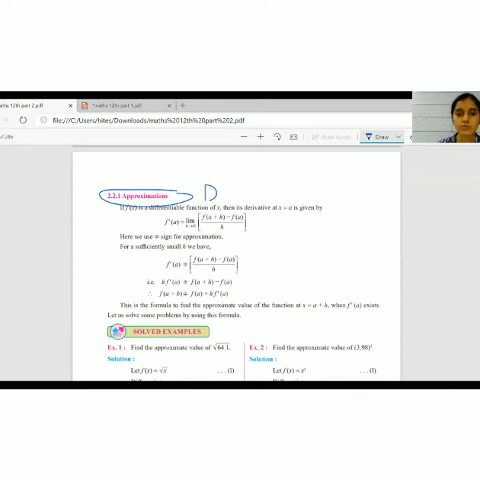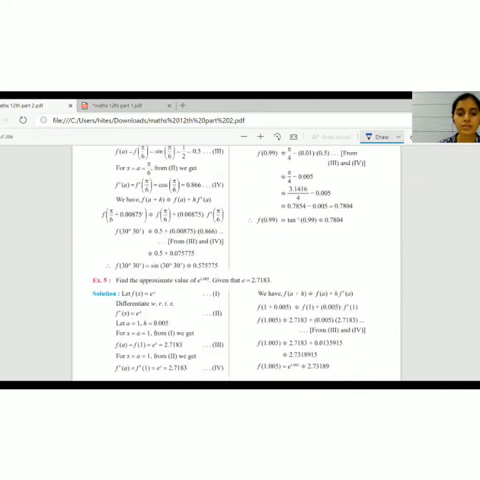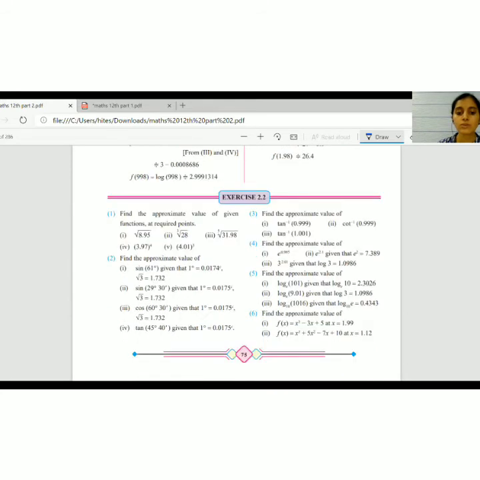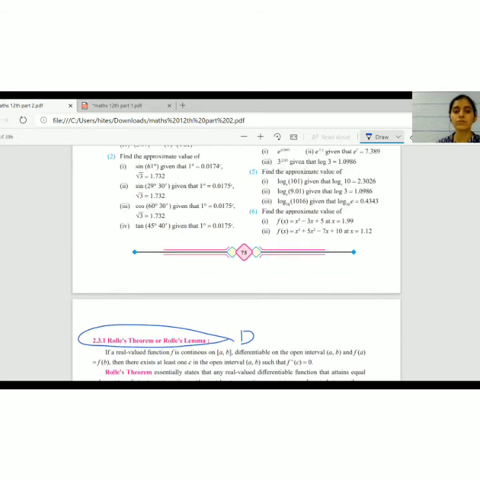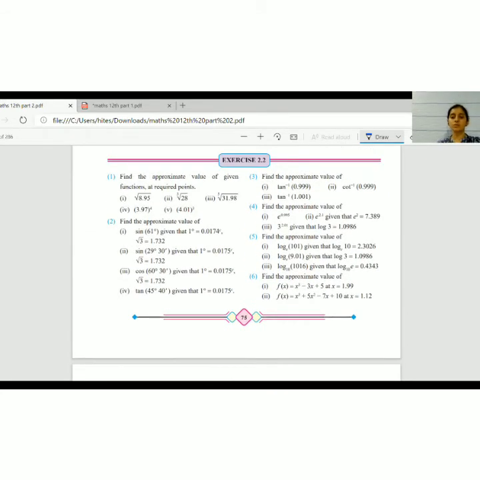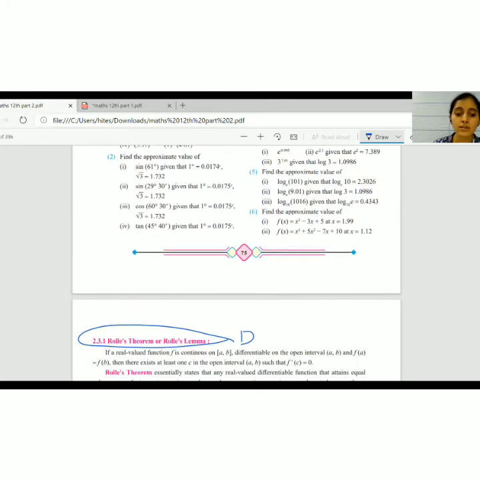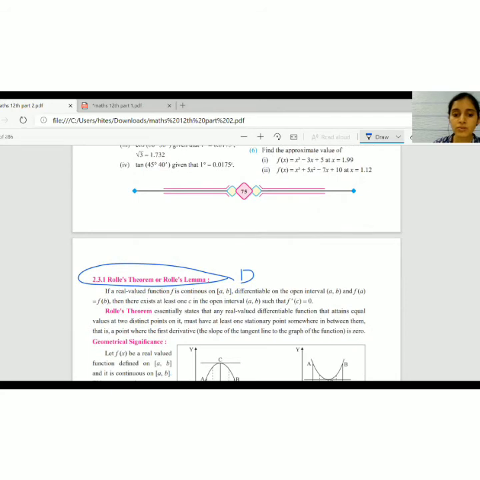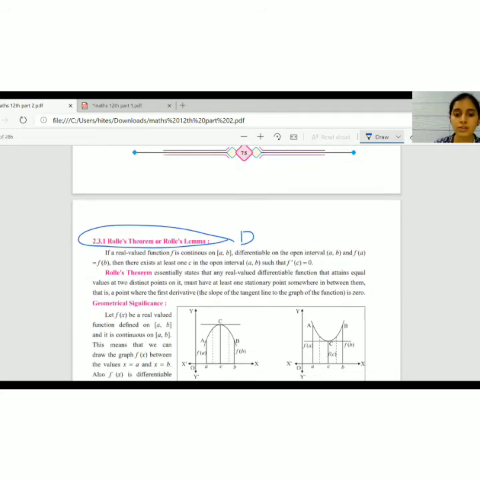There are examples based on it, and there is an exercise based on it, which will be non-evaluative. I will only explain you what approximations mean. Okay, you can solve them for your entrance exams though, and if you have doubts also, you can ask me for the same. Okay. Then 2.3.1 Rolle's theorem or Rolle's lemma is excluded.